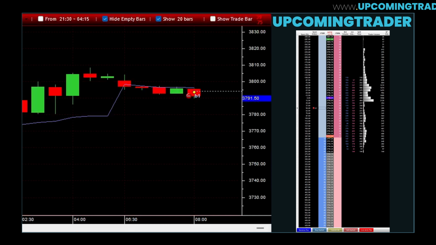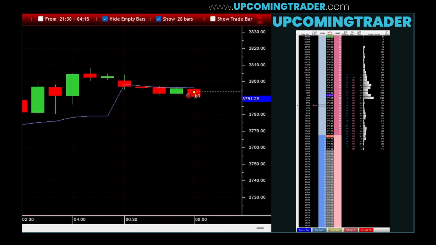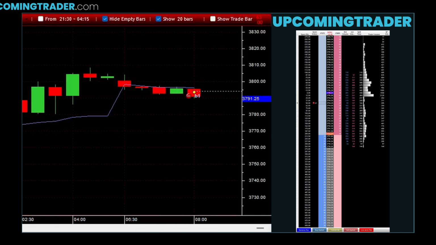4. Practice patience. Wait for further confirmation in the next candlesticks before making a decision. A premature entry based on a single candlestick pattern without confirmation might increase risk. 5. Keep learning.